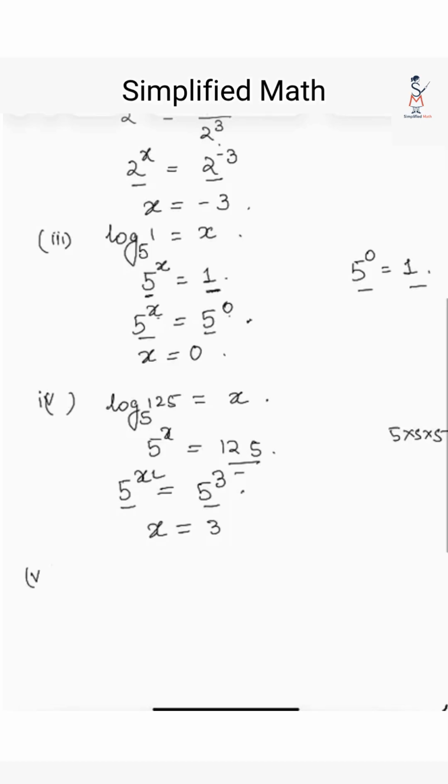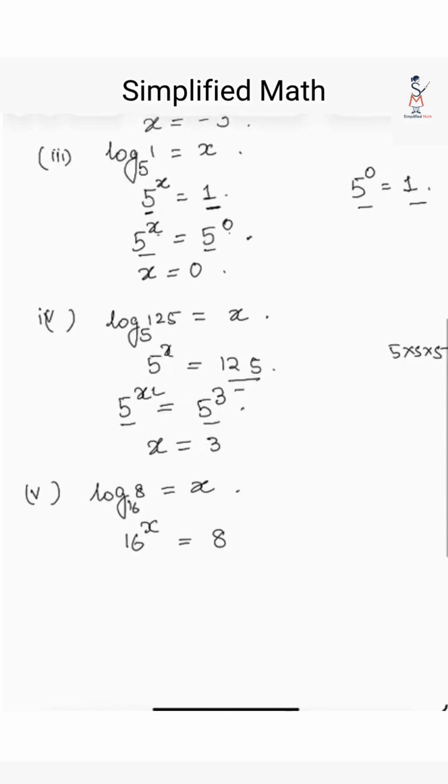Now we'll see the fifth one, log 8 to the base 16. Let it also be equal to x. So 16 raised to the power x is equal to 8. Now what we will do here, we will put it in the lowest prime number form. That means we will factorize it and put it in terms of 2. Then the base on both sides will become same. 16 is 2 raised to the power 4, to the power x, and 8 is 2 raised to the power 3.